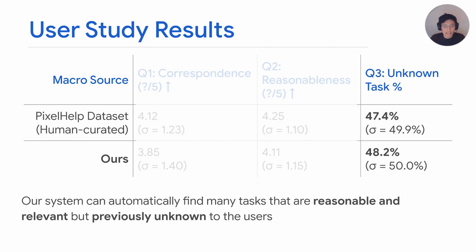In addition, a slightly higher percentage of our macros are unknown to our participants compared to human-curated macros, showcasing our system's ability to extract novel macros, which can be useful in how-to knowledge-sharing applications, such as automatic tutorial generation.